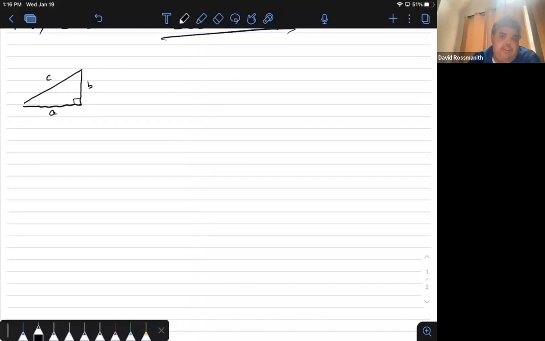That's generally what's done. And it turns out that there's a special relationship for a right triangle. There's actually many special relationships. The first, biggest one, the most famous, of course, is what's called the Pythagorean Theorem.